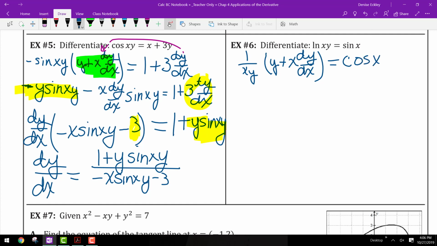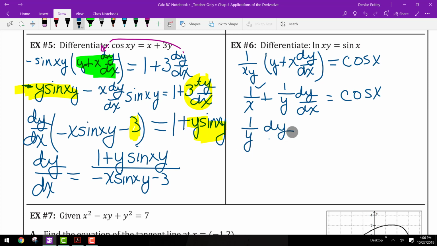So distributing the 1 over xy, we're going to have 1 over x plus 1 over y dy dx is going to equal cosine x. Moving the 1 over x to the other side, we have 1 over y dy dx is going to equal cosine x minus 1 over x.